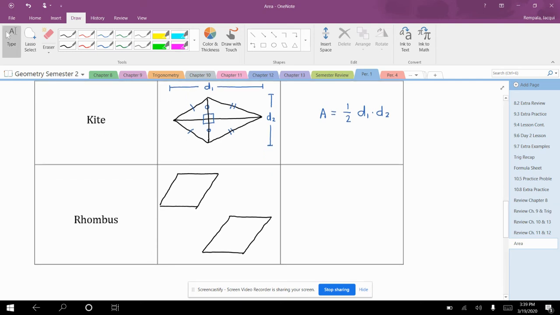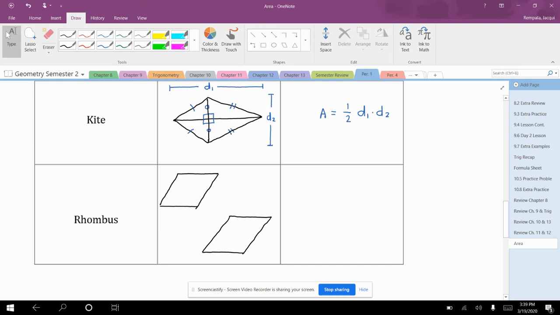With our rhombus, I have two different pictures here because there are two different ways in which we can find the area of a rhombus, depending on what information is given to us. A rhombus has four sides. It is very similar to a parallelogram where opposite sides are congruent.